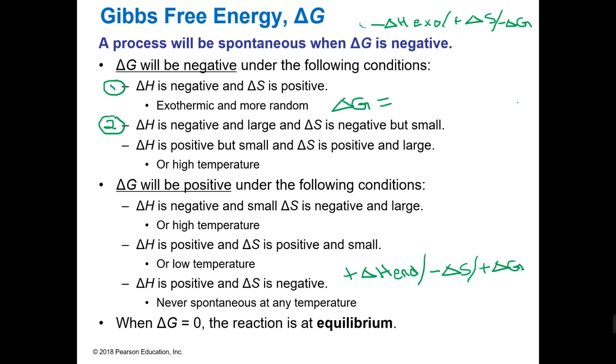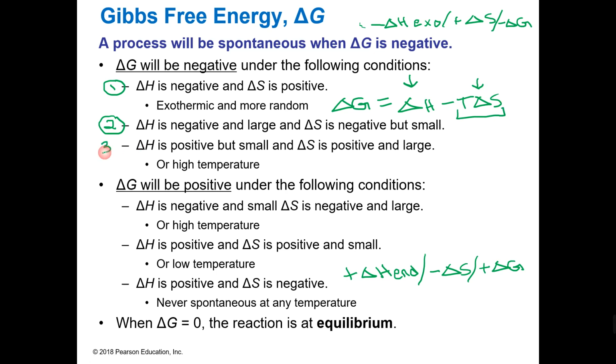Delta G is equal to delta H minus temperature times delta S. Okay, so if I have a very large negative delta H and a relatively small negative delta S, or a relatively low temperature, mathematically there's not going to be much to bump this to be bigger.